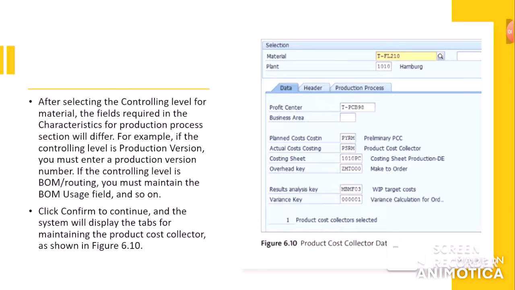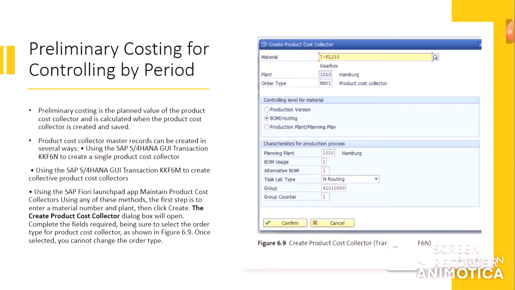So here, BOM or routing is the controlling level for material. After selecting the controlling level, the fields required in the characteristics for production process section will differ: production BOM, production version, or BOM or routing, production plant or planning plant. Here they have selected BOM or routing.